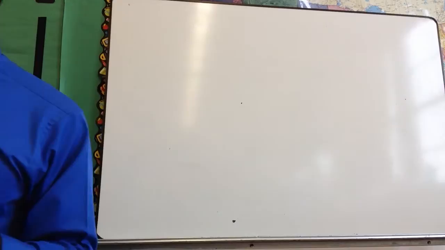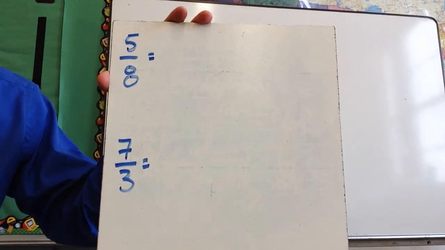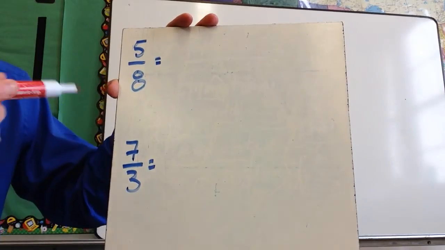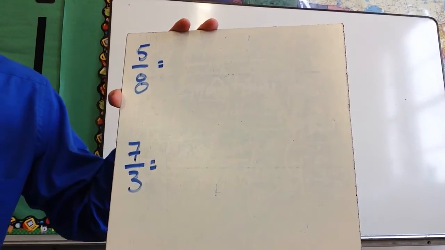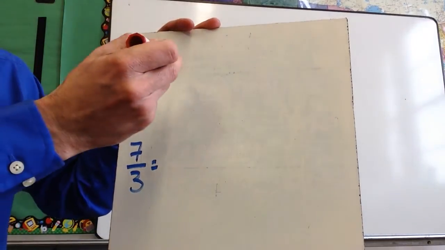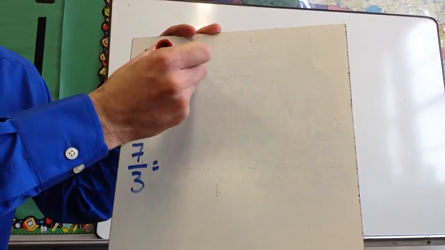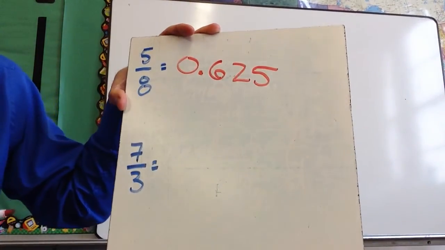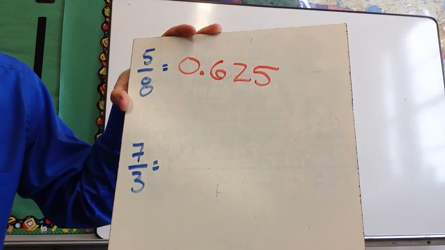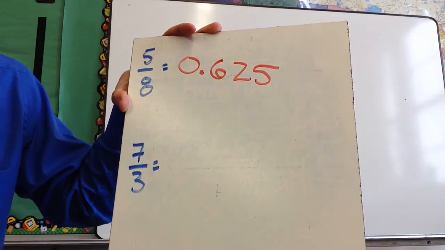Okay, and then the final type of problem I want to make sure we're comfortable with is what happens when I'm given it as a fraction and I want to change it to a percentage. And so first thing I need to do is change this to a decimal. So I would take a calculator, or maybe I might know what 5 divided by 8 is. And 5 divided by 8 is 0.625. Okay, now that's from fraction to decimal, but I want it as a percent.